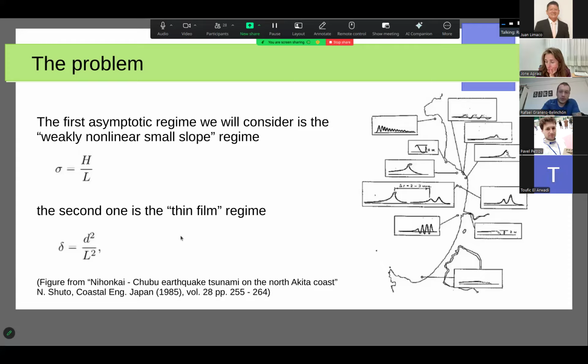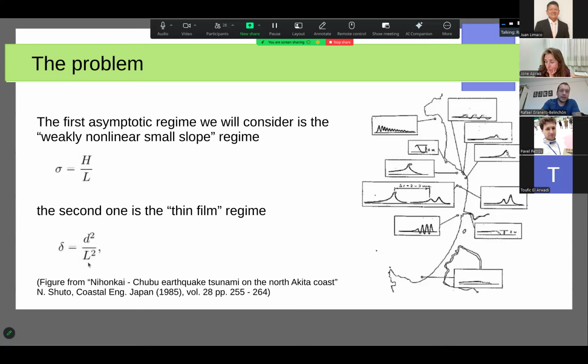The second situation we are going to consider is when this delta is small. Delta is again a dimensionless quantity. This little d will be the typical depth, and capital L is again the typical wavelength.